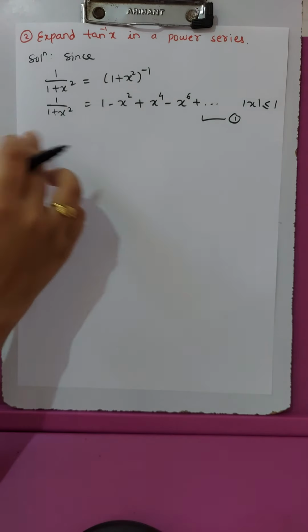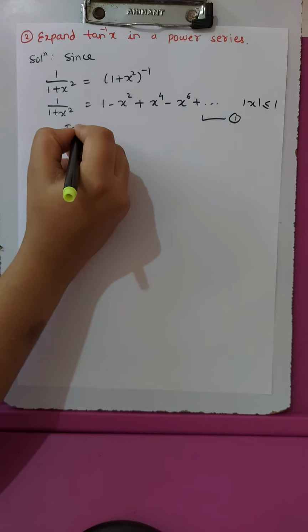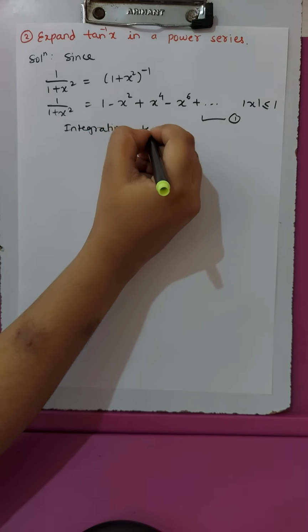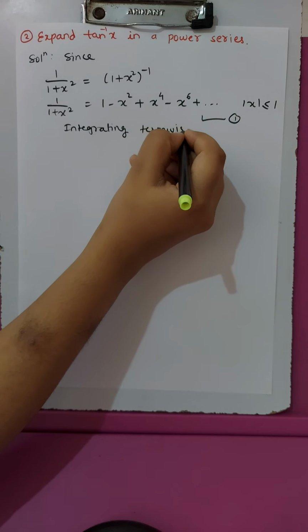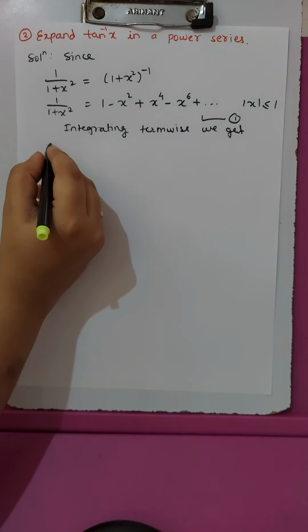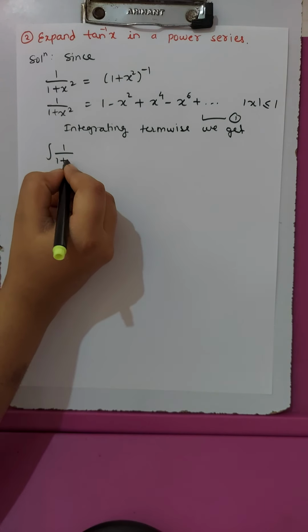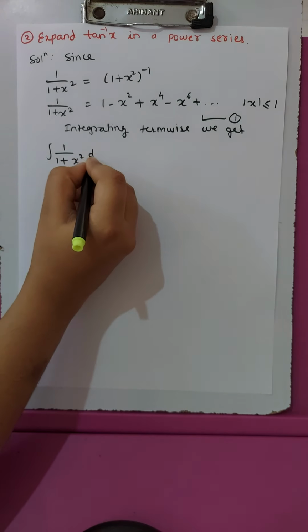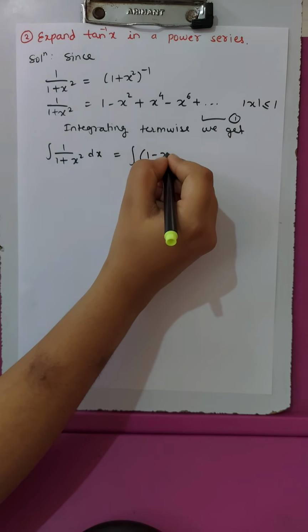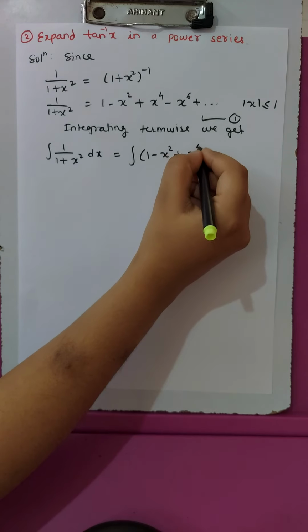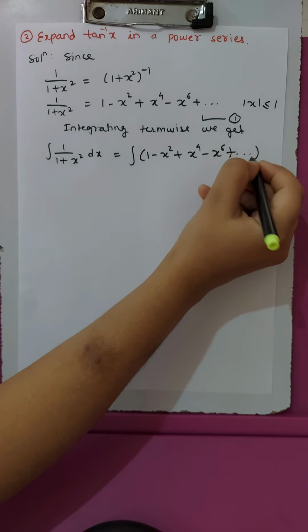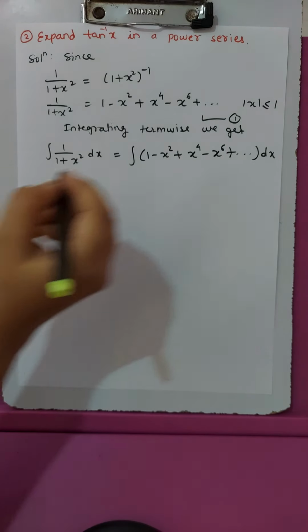Now we can integrate on both sides. So on integrating term wise, we get integration of 1 upon 1 plus x square dx is equal to integration of 1 minus x square plus x to the power 4 minus x to the power 6 plus, and so on, dx.